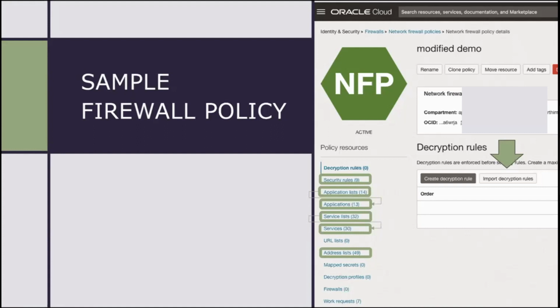Now, all of this import configuration, we are currently doing over the OCI console because we want this tool to be used by folks who do not have an extensive understanding of Python scripts or even any scripting for that matter. So we're trying to keep this configuration simple, and by importing, you will end up understanding the policy structure.